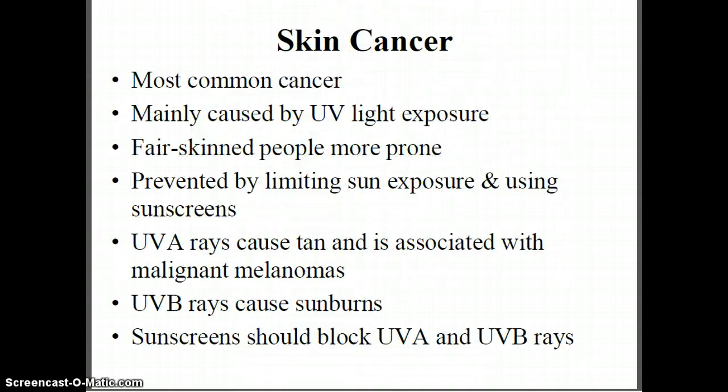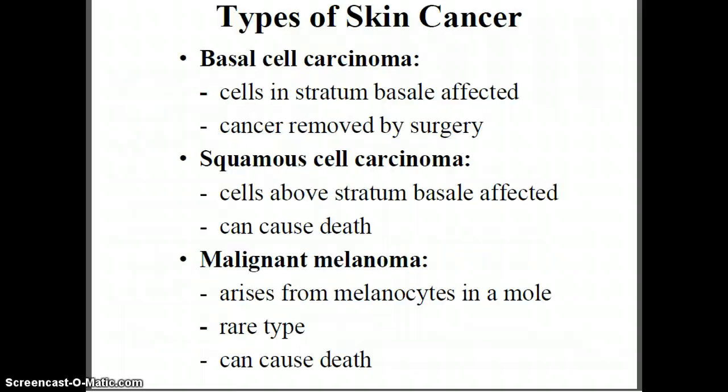Skin cancer is the most common cancer. It is mainly caused by UV light exposure. So we need some UV light to activate and produce vitamin D, but we also need to protect ourselves from an overabundance. This tells you the type of skin cancers. Malignant melanoma is the least common but the most deadly.